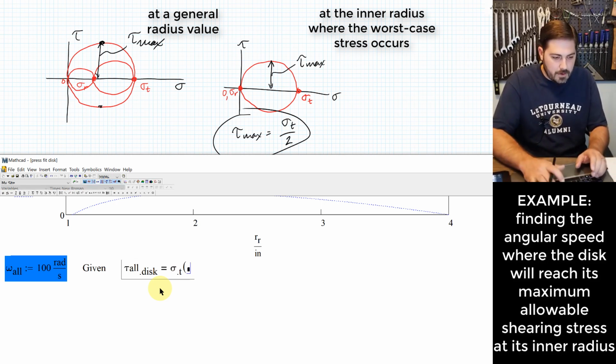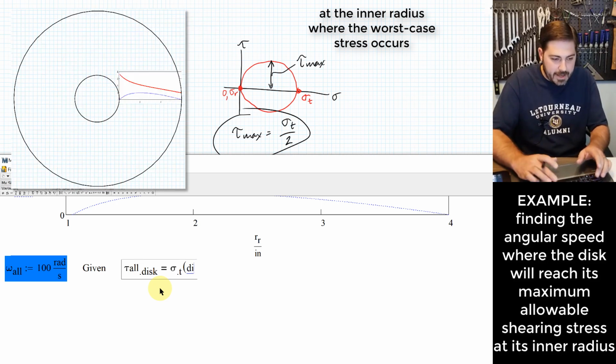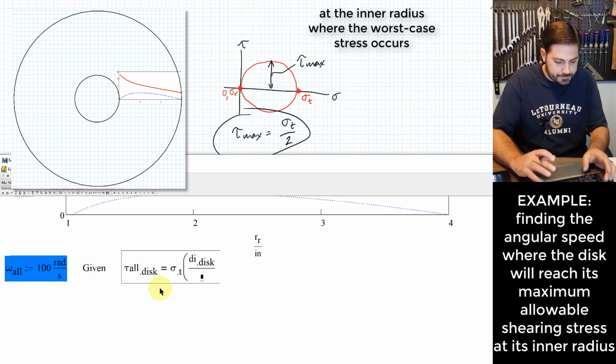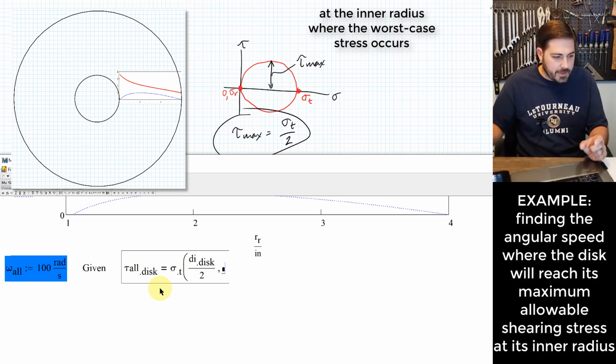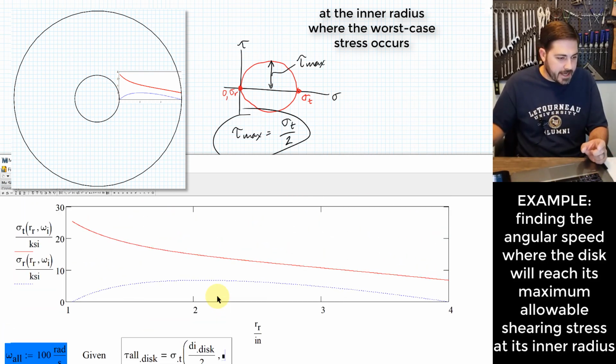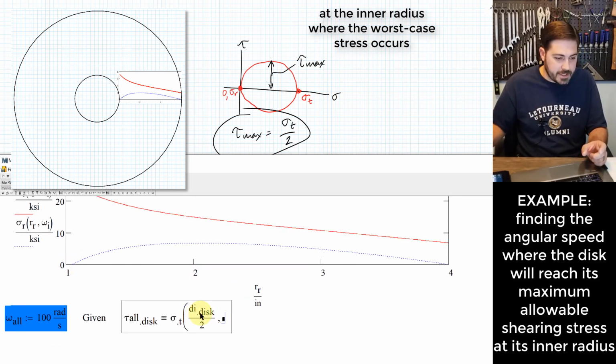This is going to be at a radius value that is the inner diameter of the disk over 2. Okay, that's because we notice that it's that inner radius where this worst case scenario occurs. So I'm taking this as the inner radius for those functions.